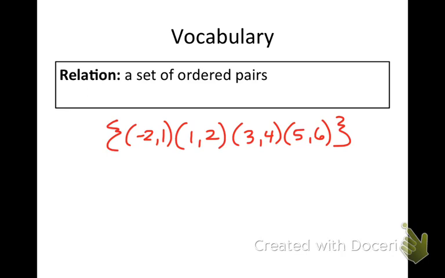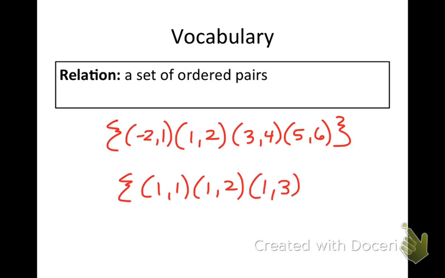Having any set of ordered pairs would be a relation. This would also be a relation: (1, 1), (1, 2), (1, 3), (1, 4). You don't necessarily need to have 4 pairs. You could just have one. Okay? So a relation is just a set of ordered pairs.